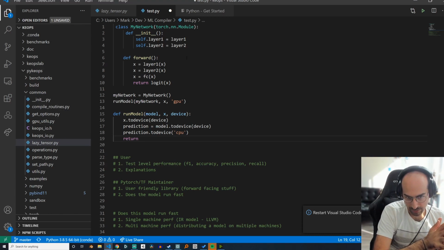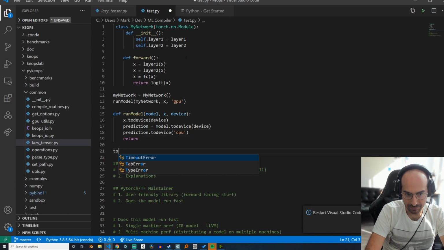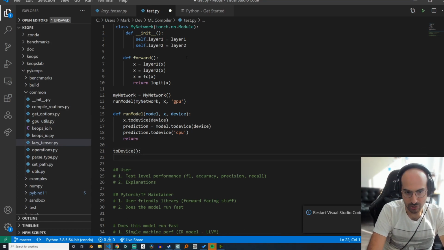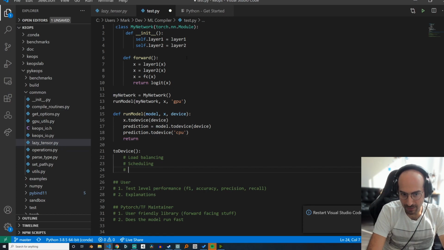So there's a whole lot of stuff going on here. Even when you say the to device function, there's a whole bunch of stuff involved. There's load balancing, there's scheduling involved, there's maybe some profiling involved.